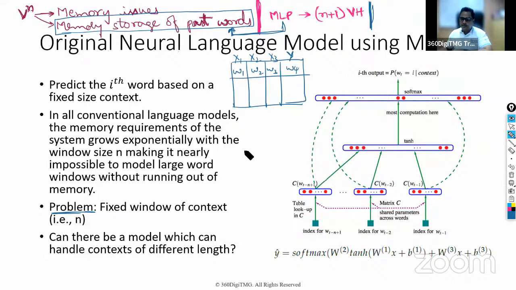In this case, it will work only on this setting. If you have 2 words and want to predict the 3rd word, it doesn't work. If you have 4 words and want to predict the 5th word, it doesn't work. Why? Because you train only on this setting. So your model will work only for this setting. It will not work for any other setting as such.